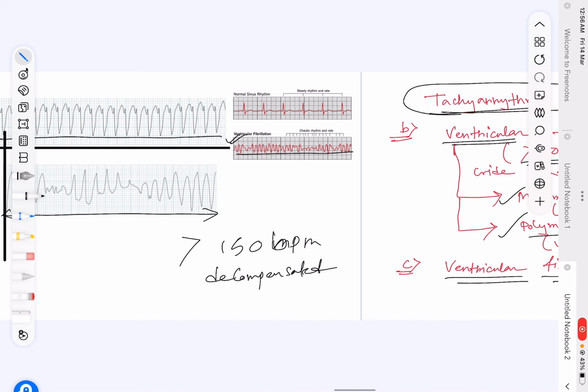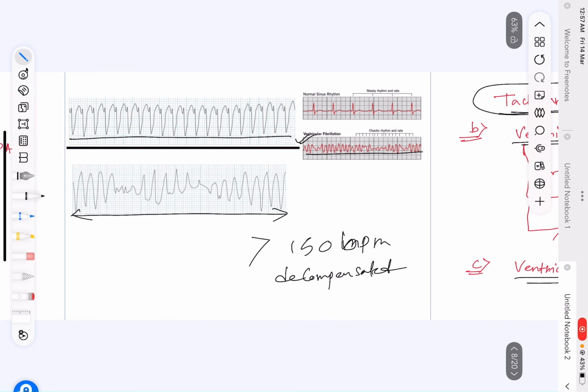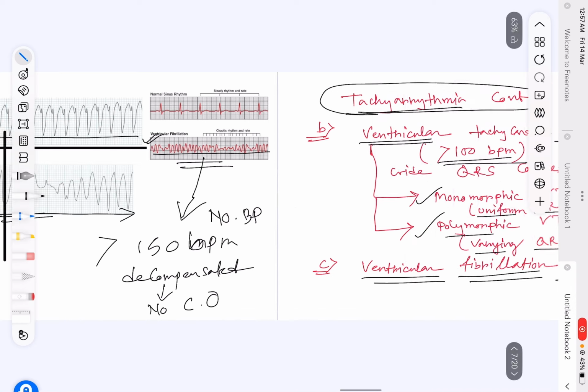In ventricular tachycardia, patients are mostly okay, they're good, but here we don't see any cardiac output in ventricular fibrillation. We don't see any cardiac output, no BP. Okay, right? So this is ventricular fibrillation and this is ventricular tachycardia, two types. Okay, so ये हो गया.